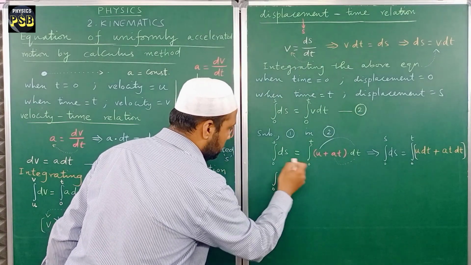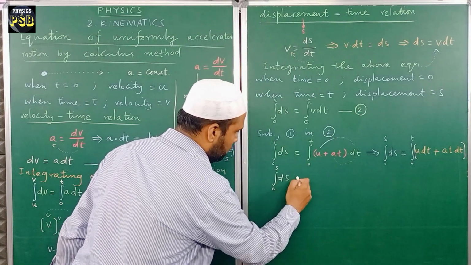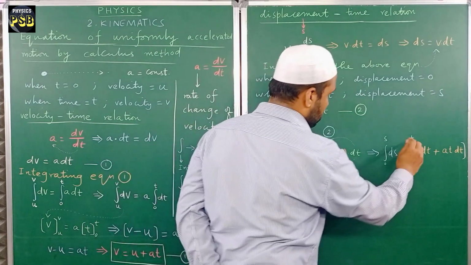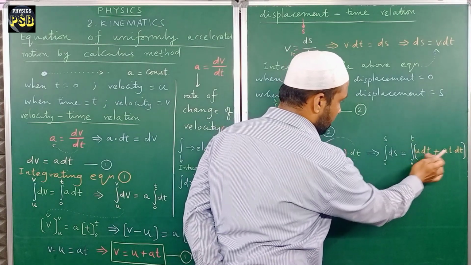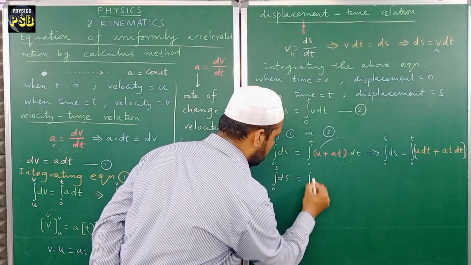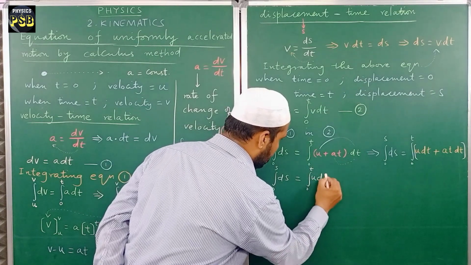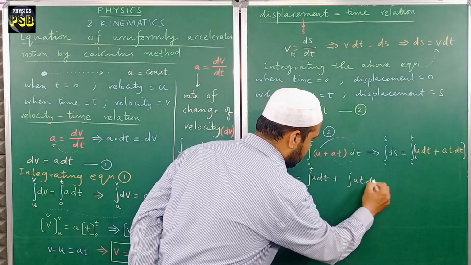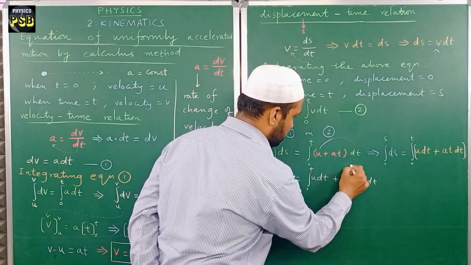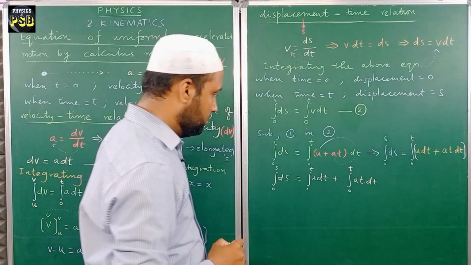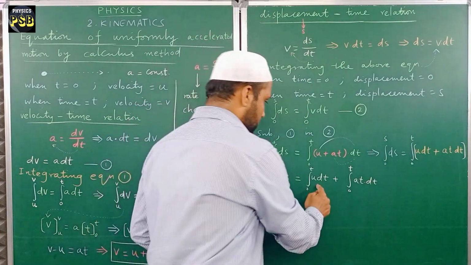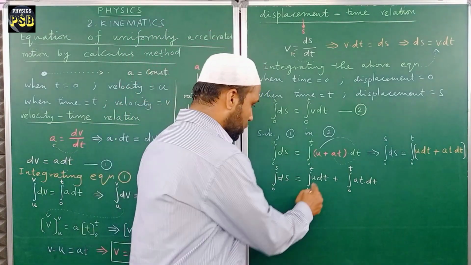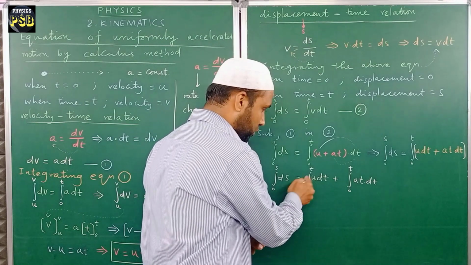Let's see, integral of ds with the lower and upper limit as 0 and s, and this side I expand. Now this integration will go with each part of this equation. 0 to t u dt plus integral of at dt. Then here limits. Clear? Now in these two parts of this equation, here u is a constant, so it will be taken out.